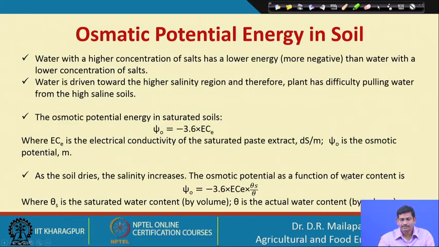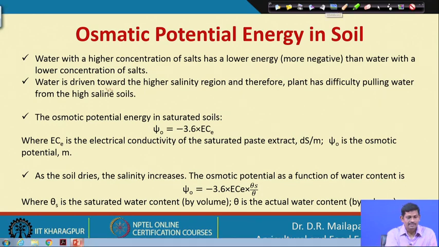Next, what is osmotic potential? When you are talking about salinity, the potential related to salinity is osmotic potential, and because of this, water extraction by plants is limited. Water with a higher concentration of salts has lower energy, meaning more negative, so it induces more suction.